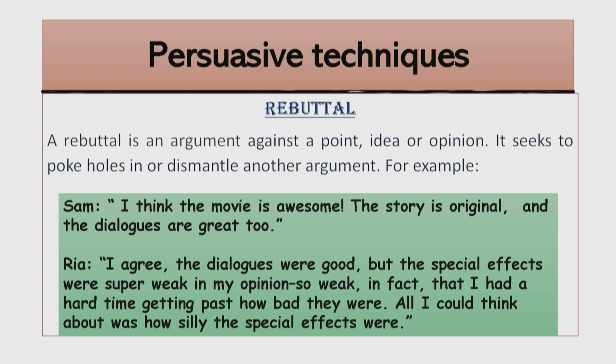So weak, in fact, that I had a hard time getting past how bad they were. All I could think about was how silly the special effects were." Here, Ria is trying to refute the arguments of Sam by trying to find loopholes in the film.